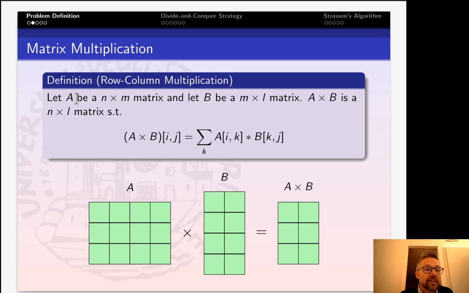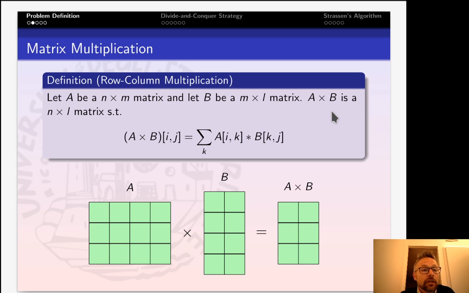So by saying that matrix A is n times m, I mean that it has n rows and m columns, and B, the second matrix, has m rows and l columns. Okay, so if this is the case, please notice the number of columns in A is exactly the number of rows in B.